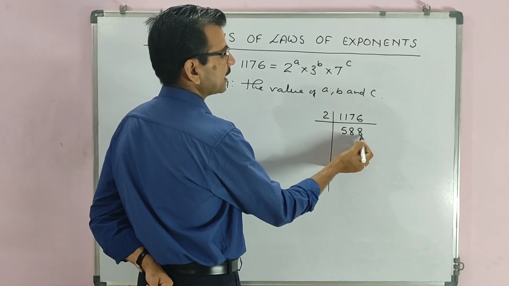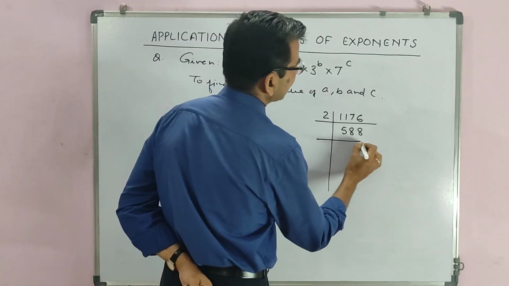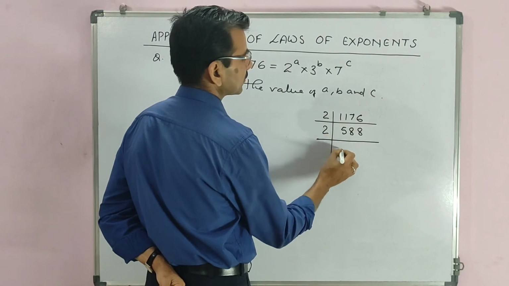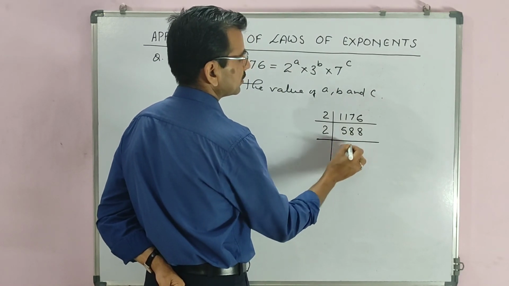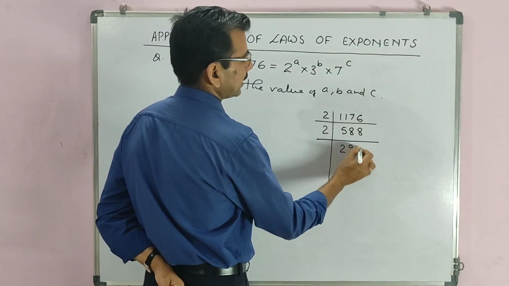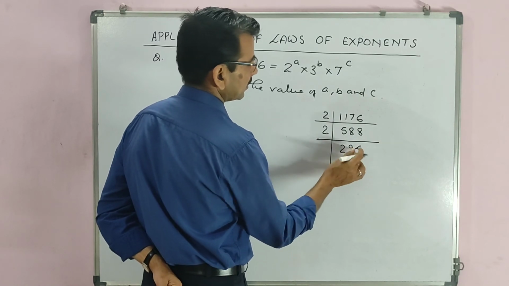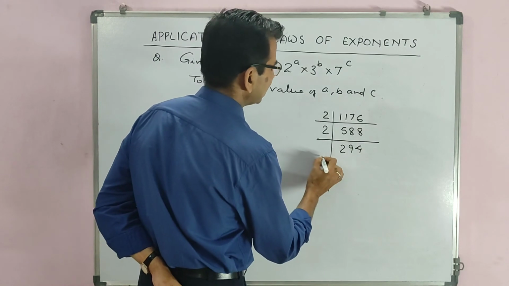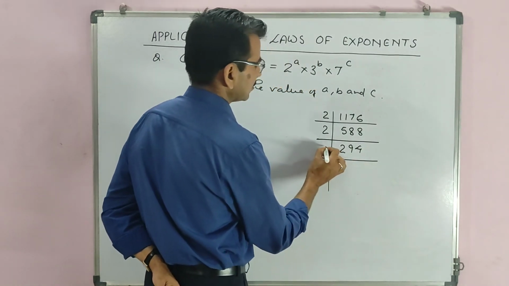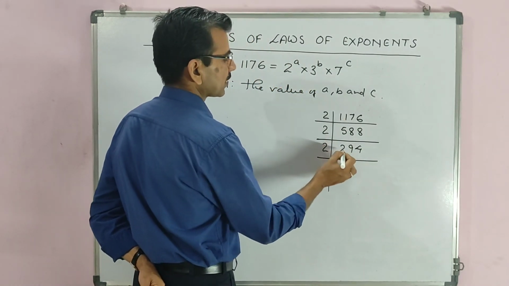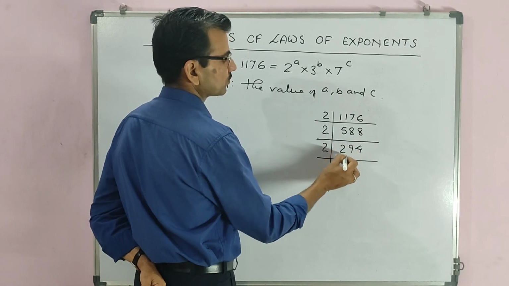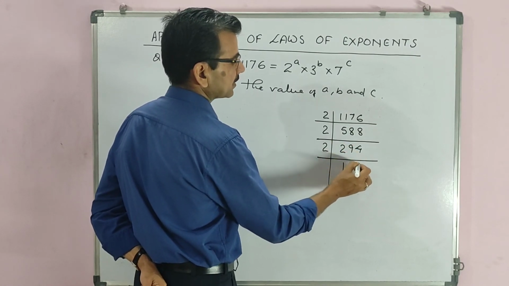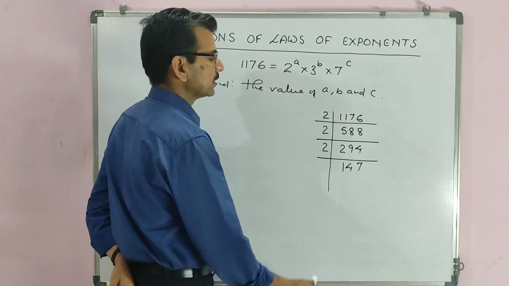Again here 8 is at the unit place, so we can divide by 2. 2 2s are 4, 2 9s are 18, and 2 4s are 8. Okay, again 4 is here at the unit place. So yes, good, we can go for 2 again. 2 1s are 2, then 2 4s are 8 and 2 7s are 14.